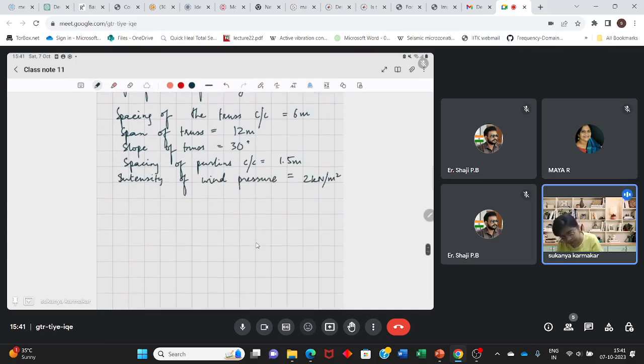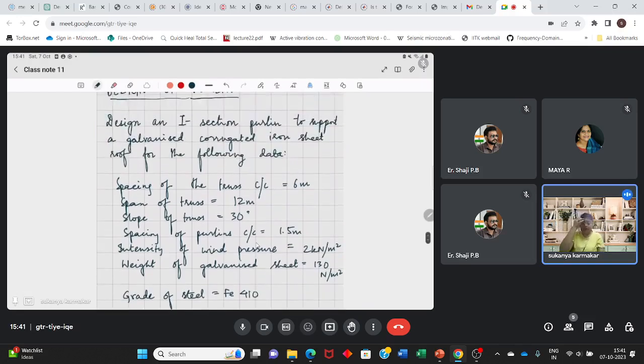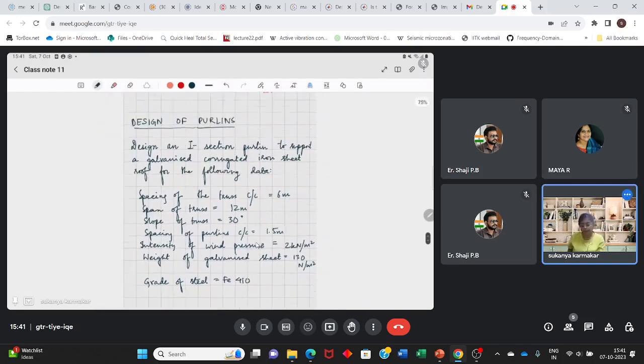Weight of galvanized sheet is 130 newton per meter square. And grade of steel is Fe410. So this is the data which is specified.